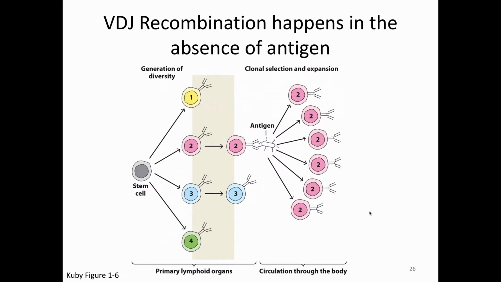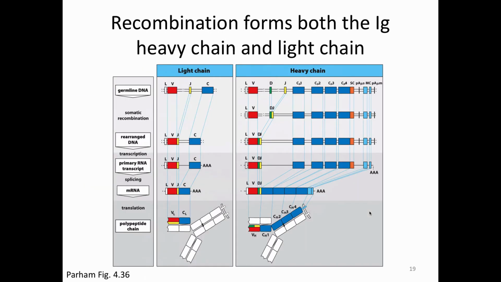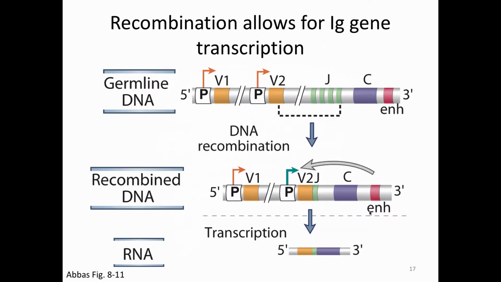So you can see number 1 and number 4 didn't keep making it. We delete all the self-reactive ones, and then we actually release them from primary lymphoid organs to be able to look for antigens. So again, moral of the story, immune system and efficiency do not go together, because we just make every single possible antibody and delete out self-reactive ones. Great question.